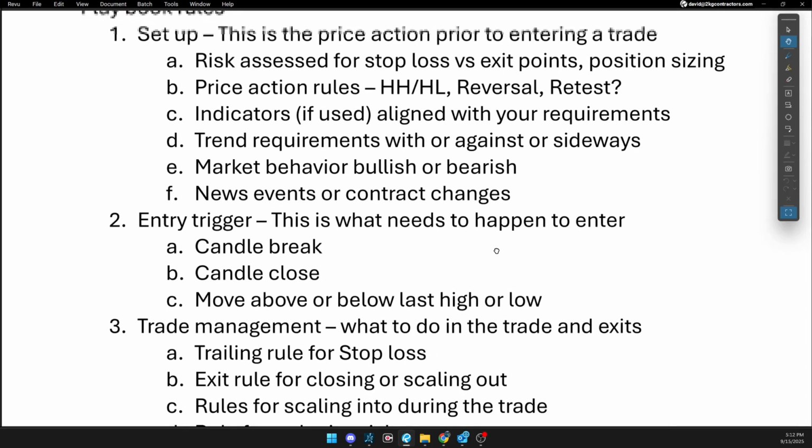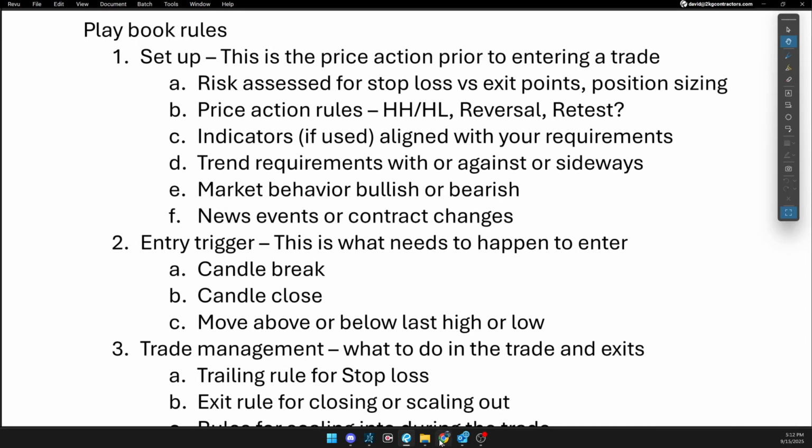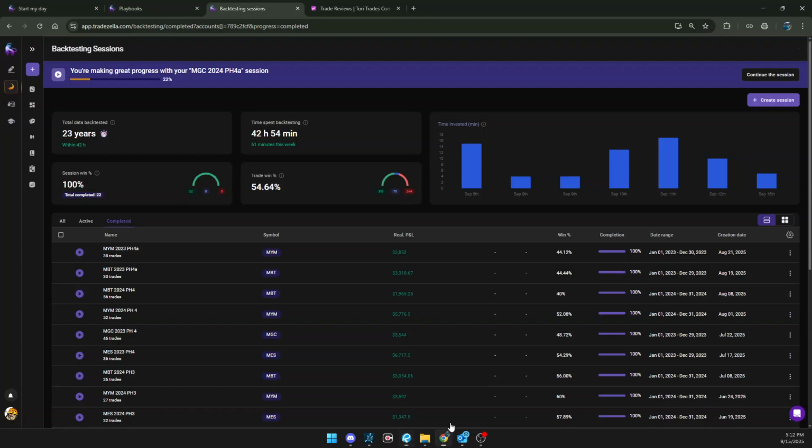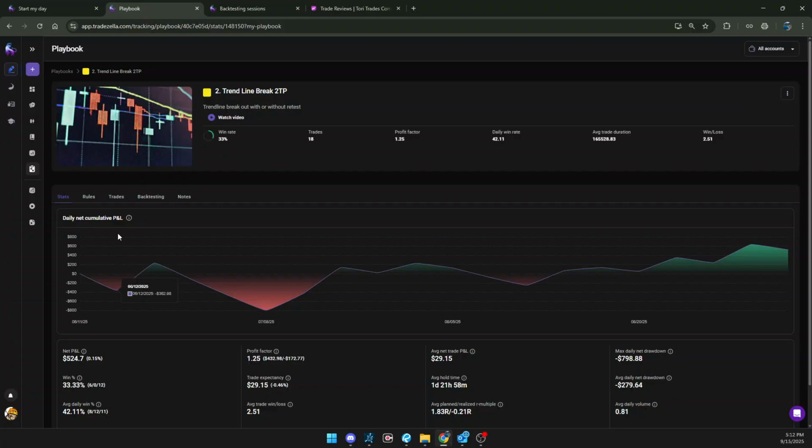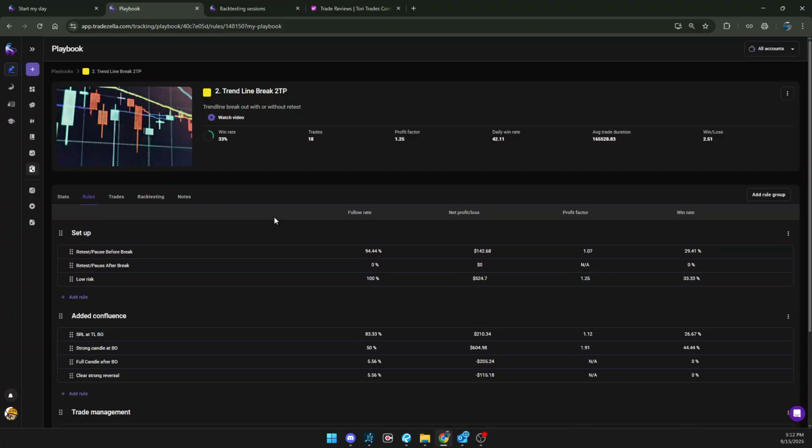So that's your setup. Let's go through a quick review of that. If I was looking at my 2 touch point trend line breakout and my rules, I have my setup. Now for me, my setup's pretty simple, and a lot of this is because I already know a lot of those other rules are hardlined.